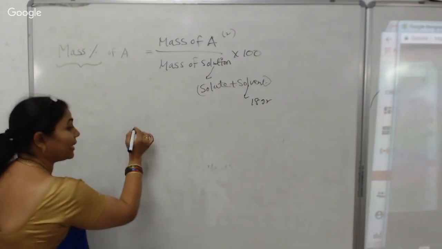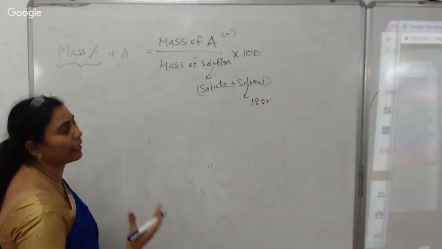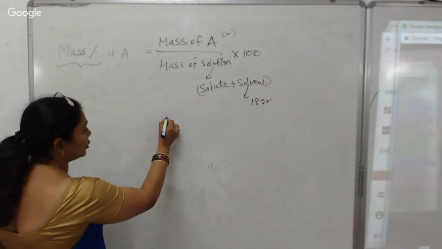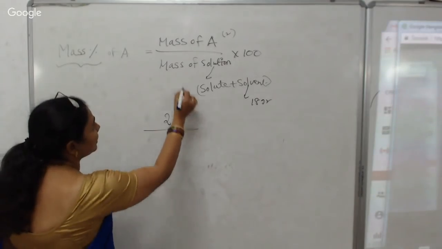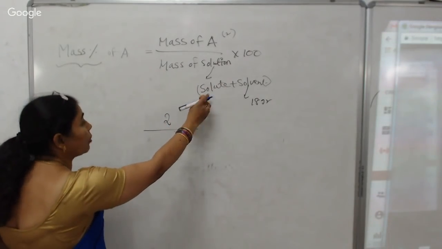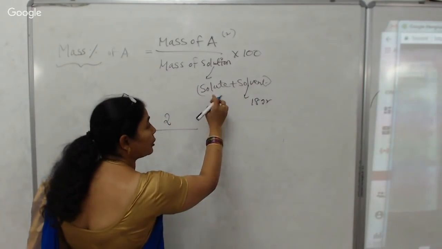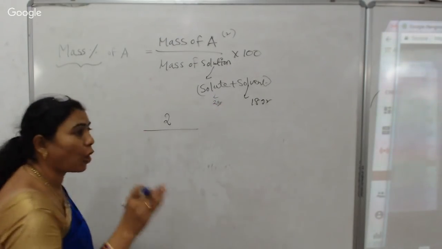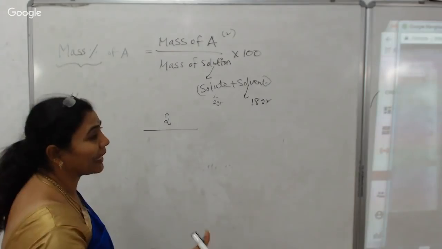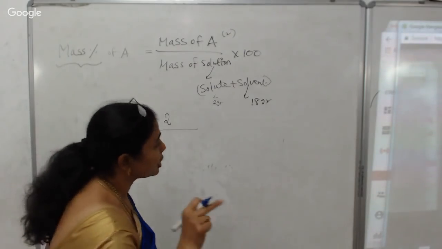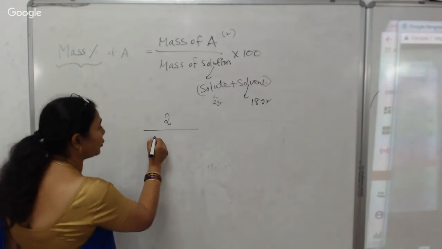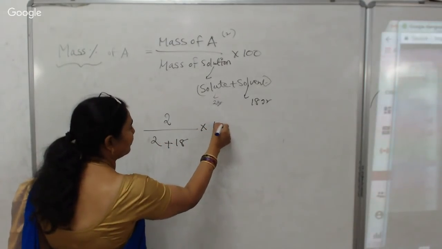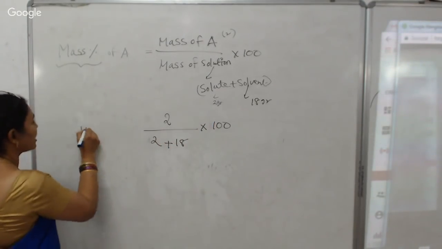So what is the weight of A? Mass is nothing but, in normal language, we use weight. So the weight of A is 2 grams divided by the mass of solution, which means solvent plus solute. The 2 grams of compound is dissolved in 18 grams of solvent. So you have to take 2 plus 18 into 100. This is called the mass percent.